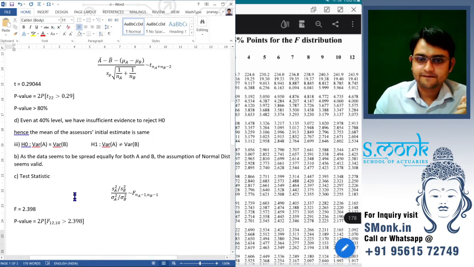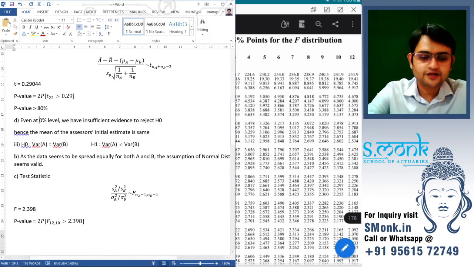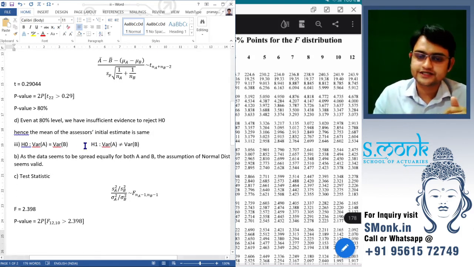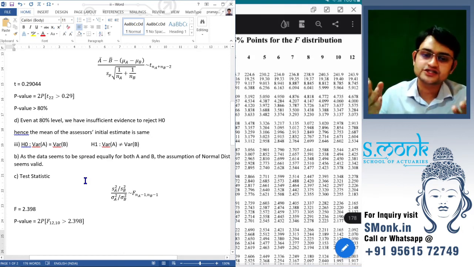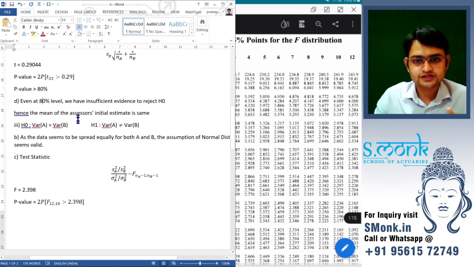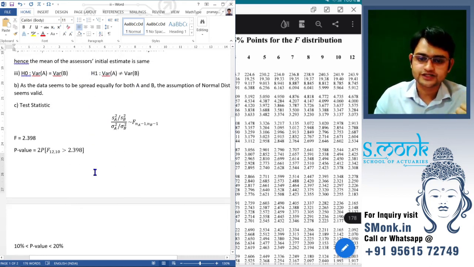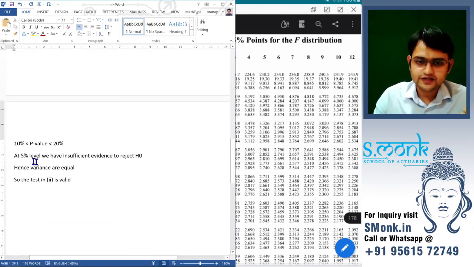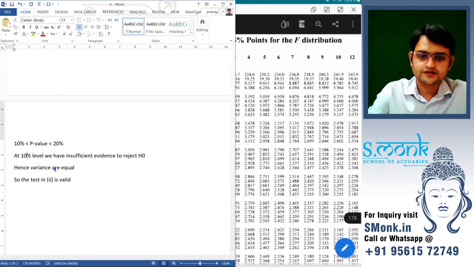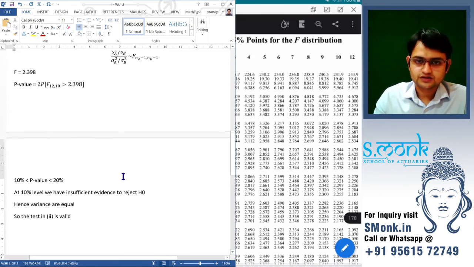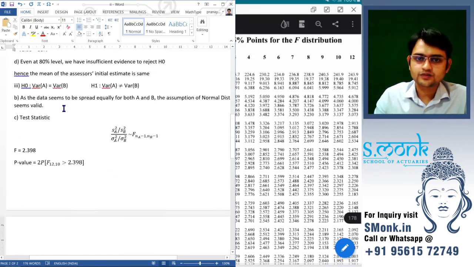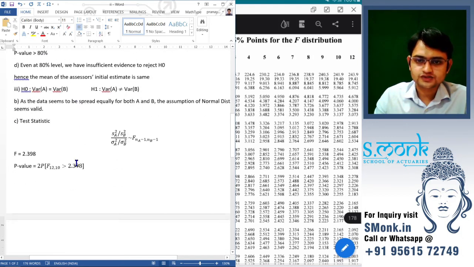So we'll say even at 80%... it's such a good test that even if we reject at 80%, we'll still not be able to reject H naught. That is what this is saying. And here we'll say at 10% level, we have insufficient evidence to reject H naught. Okay. So yes, 2 times. I forgot it in both places.